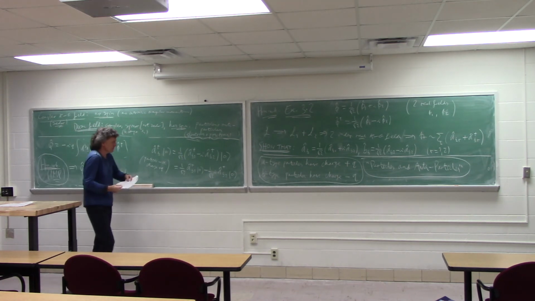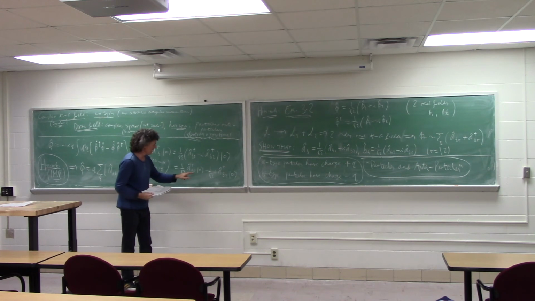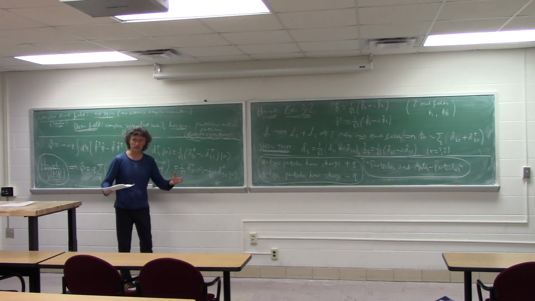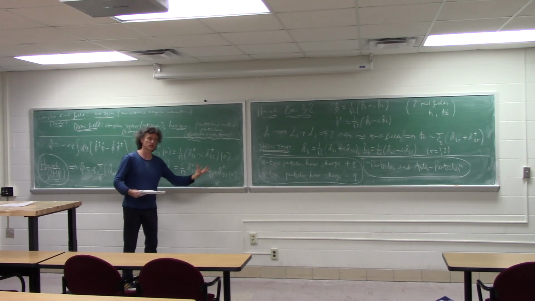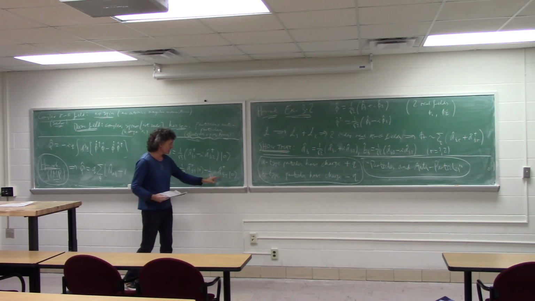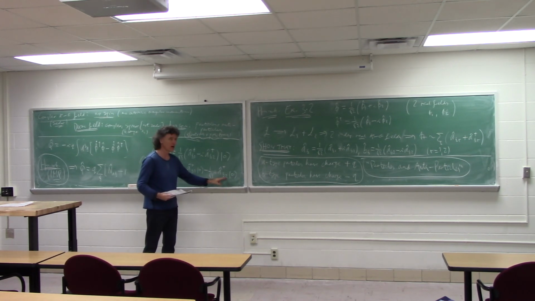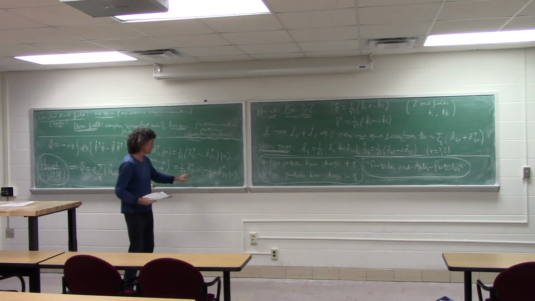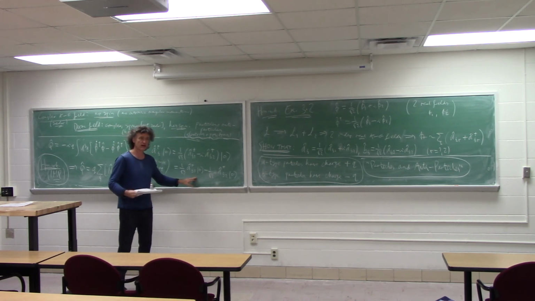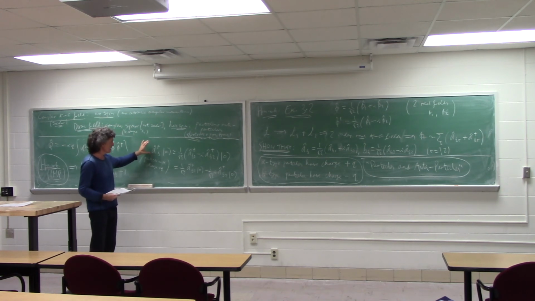It means that if I look at the two real fields and take an excitation where I have one particle present for this real field, and an excitation where I have one particle present for the other real field, and I take this linear combination, that gives me a state with charge plus Q.